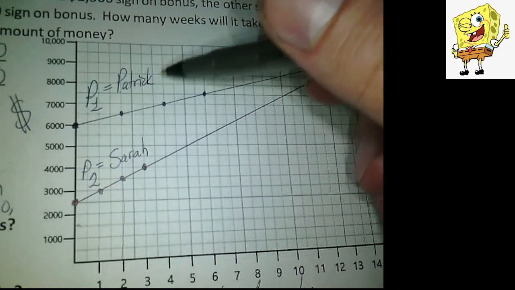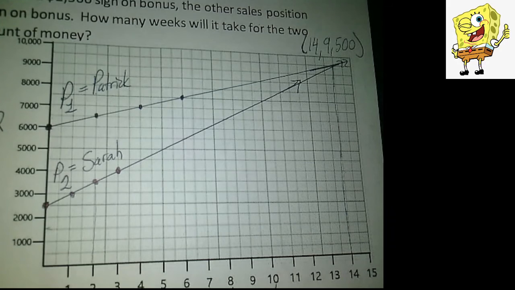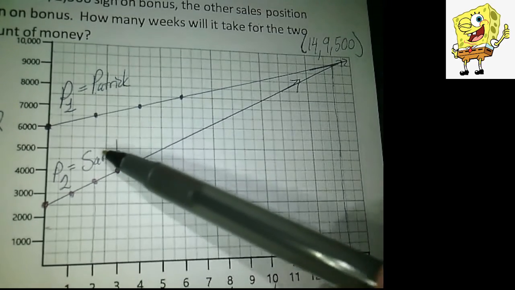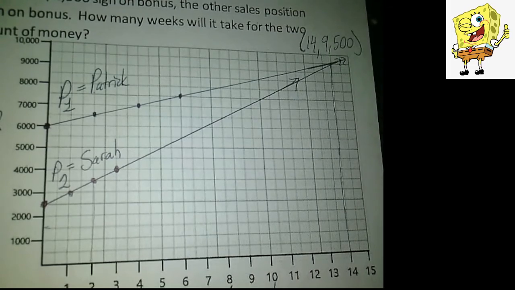In the short term, Patrick's position is more profitable. This is such a beautiful example of how linear equations truly help us in making informed decisions about the future. It allows us to make accurate predictions about what may or may not happen in the future.